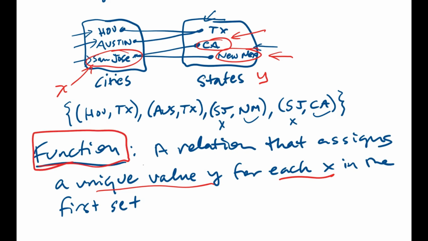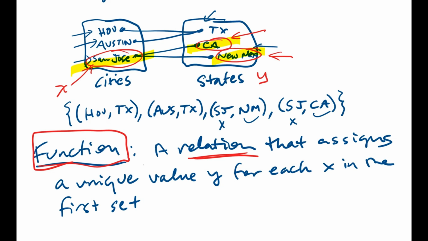Okay, so a function is certainly a relation, but it has this restriction on it. Okay, so why does it have this restriction on it? Well, because scientists and mathematicians and engineers and economists, they don't like it whenever they ask a question and get two different answers out of it.